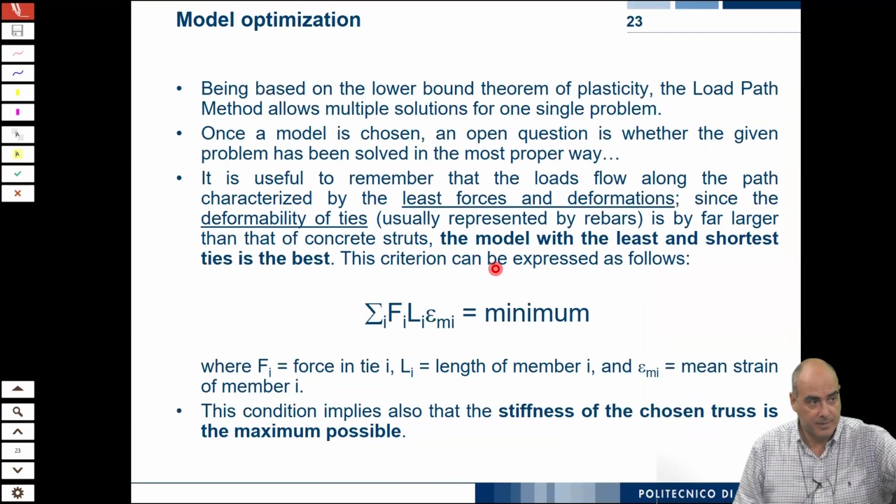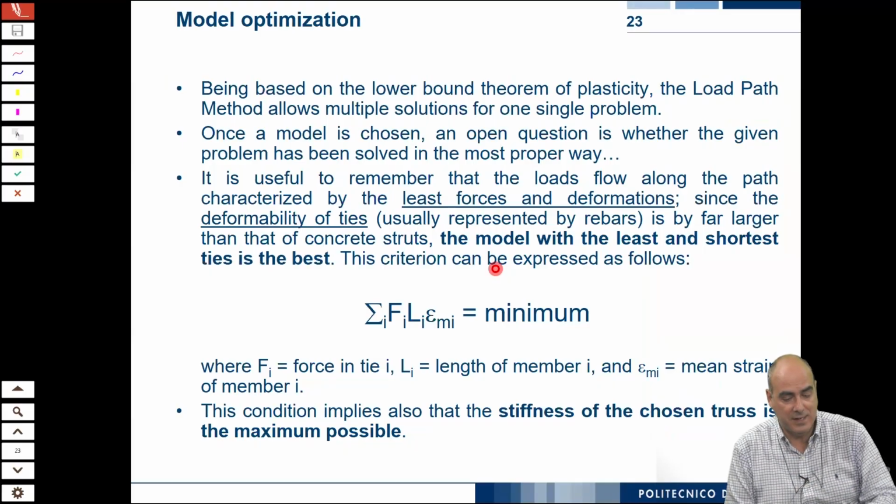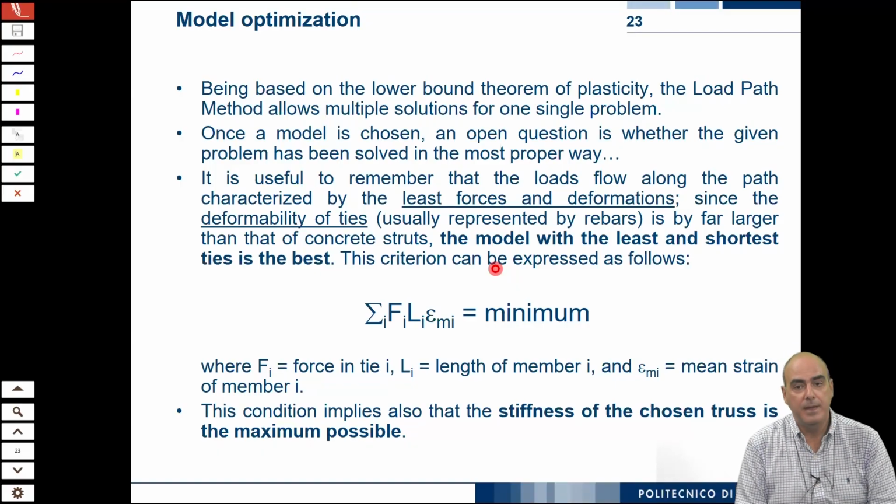So the strut and tie model, now there is a little bit of formalism. The strut and tie model that we use is based on the lower bound theorem of plasticity. What does the lower bound theorem of plasticity state? You have your structure, okay?